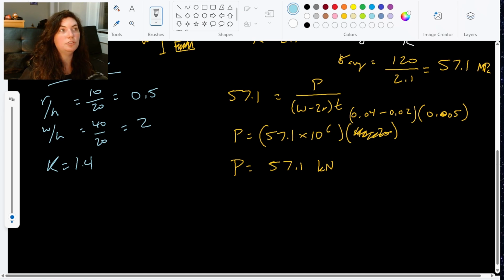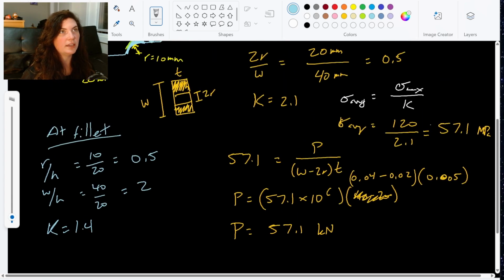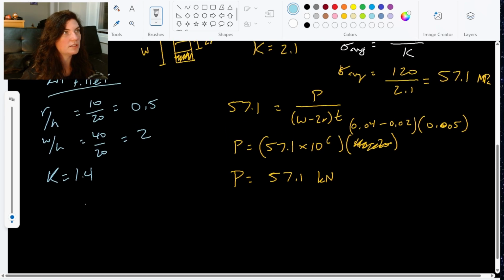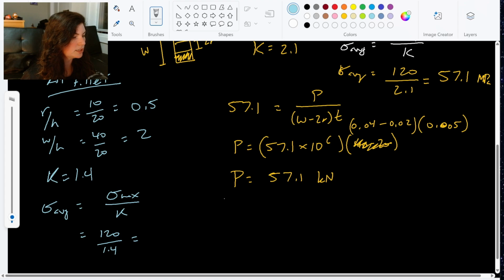So now we need to go and check. You do the exact same process as we did before, calculating our average stress. So now our average is still going to be that max over K. The only difference is our K value is now 1.4. So 120 over 1.4 gives me a stress of 85.7 megapascals.